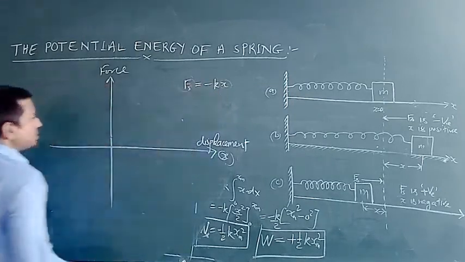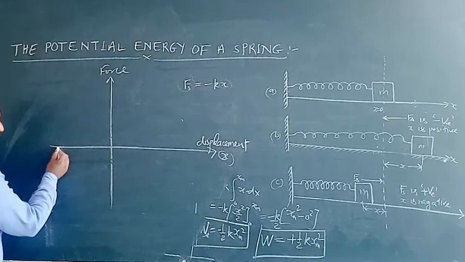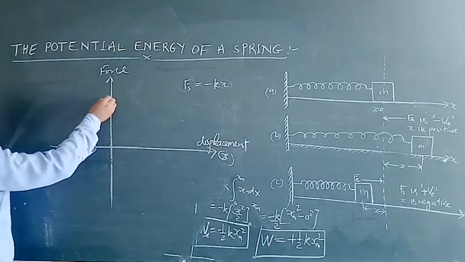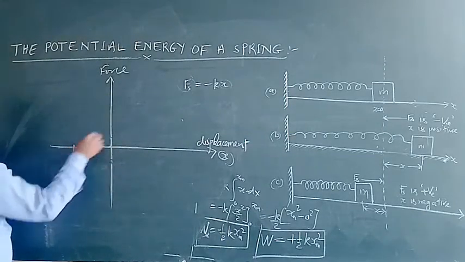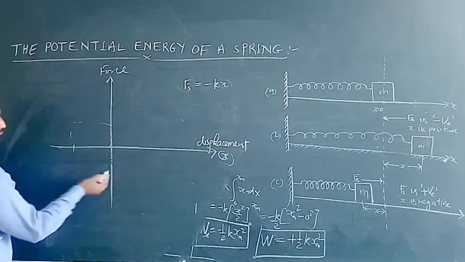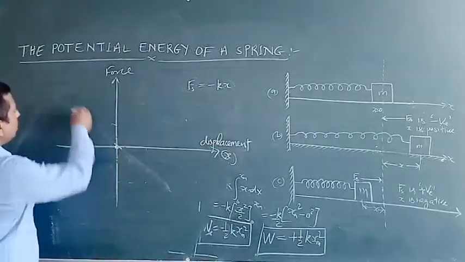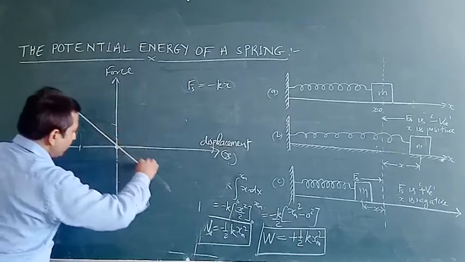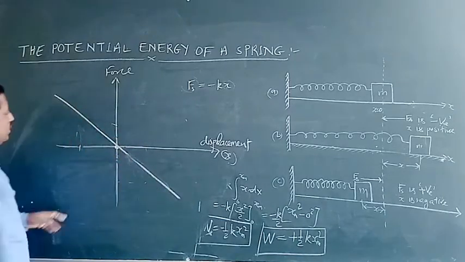It means Fs is positive. So when x is negative, then Fs is positive. Okay, so we can plot a graph and find that it lies like this line.